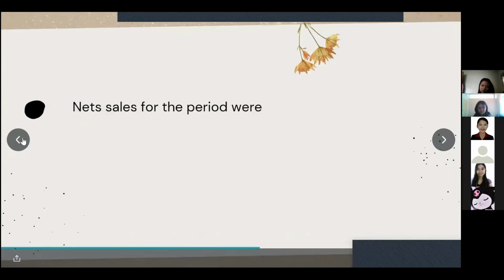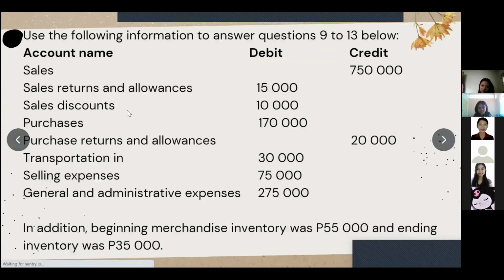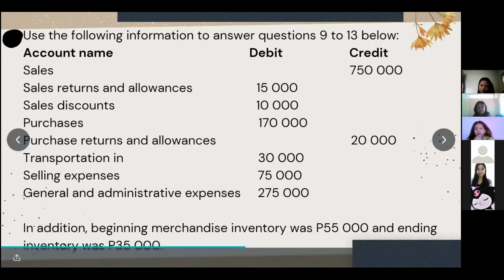Balik tayo doon. Magkano ang net sales for the period?